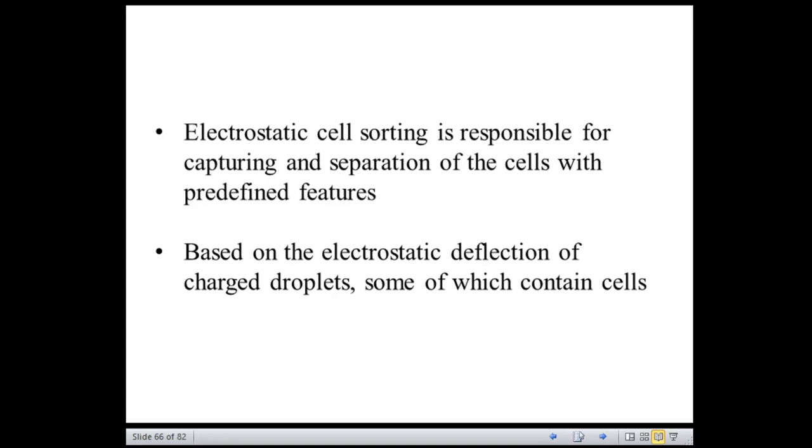So in that context, we will discuss the electrostatic cell sorting, because flow cytometry is about non-sorting as well as sorting type. So thus it becomes most essential to discuss the electrostatic cell sorting.